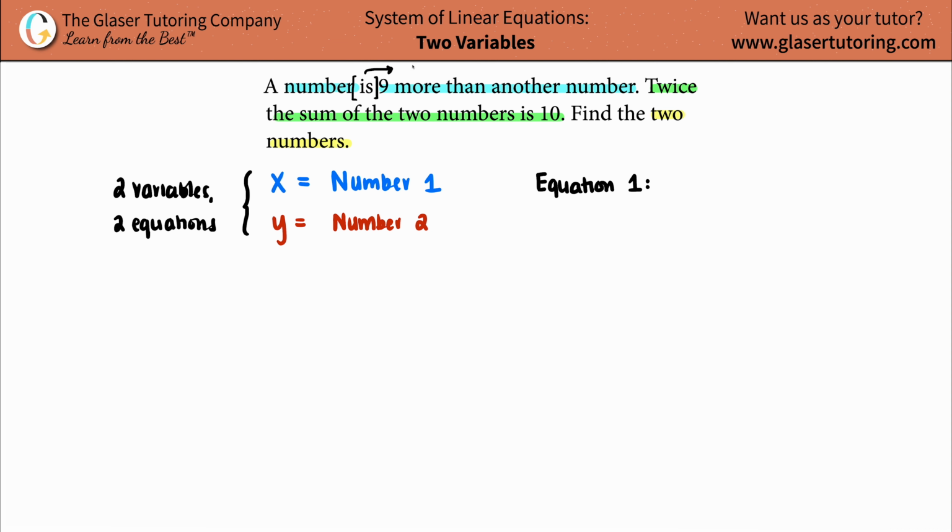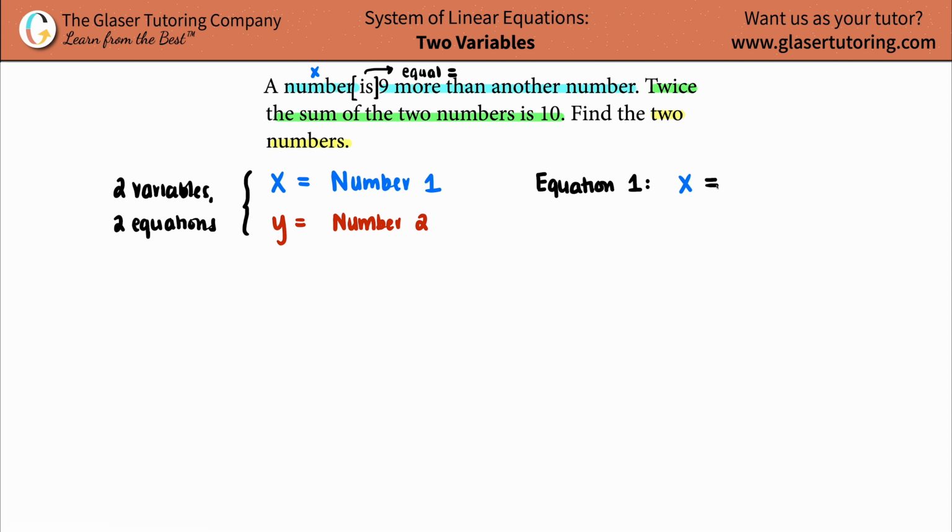If something is that, it's equal to each other. So we're going to use this to our advantage. We have a number, which we're going to label as the X guy.